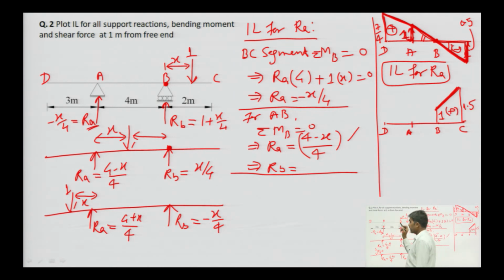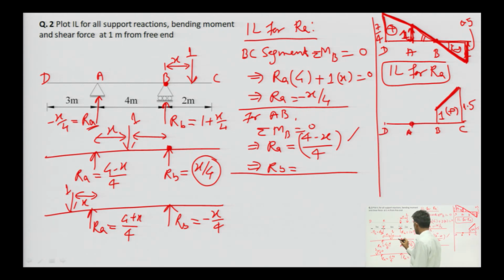For segment AB, the value of RB is x by 4. When the point load is at point A, the value of x is 0, so here it is 0.